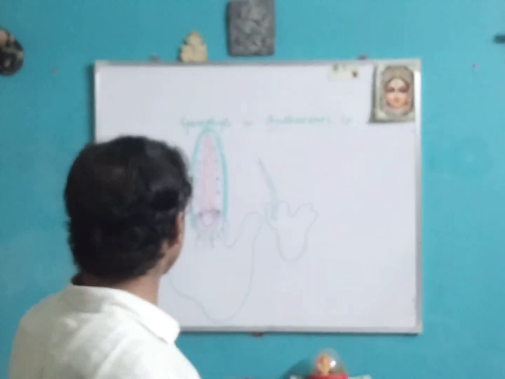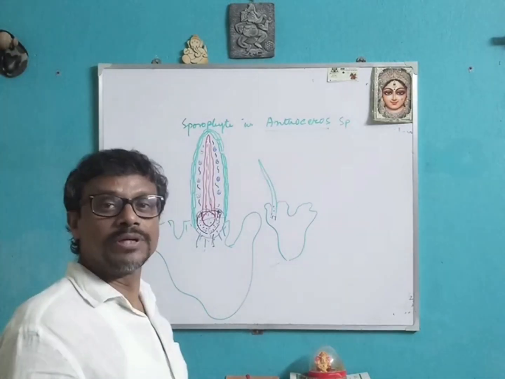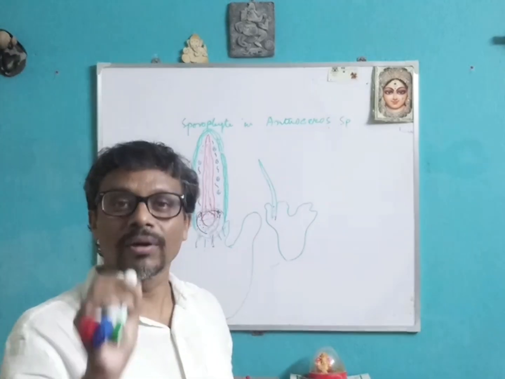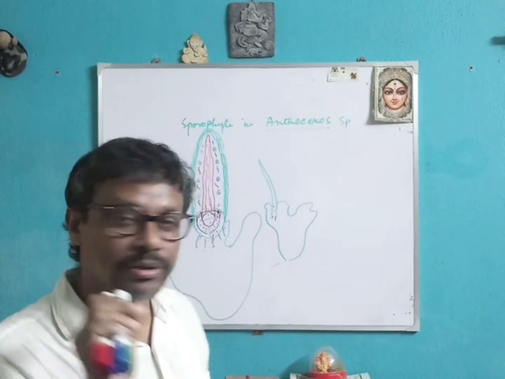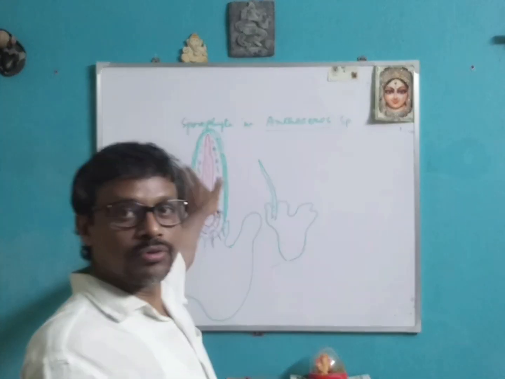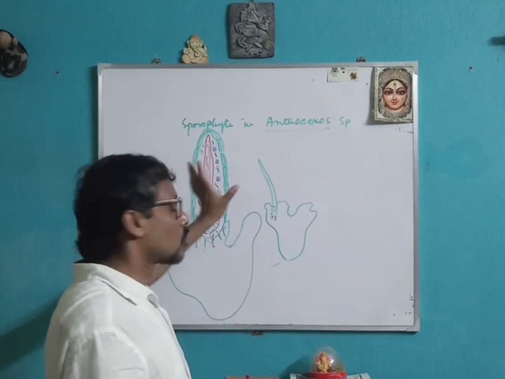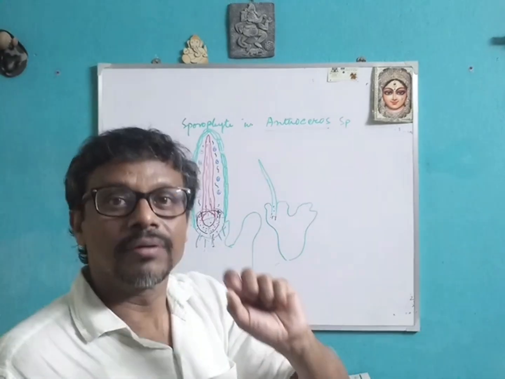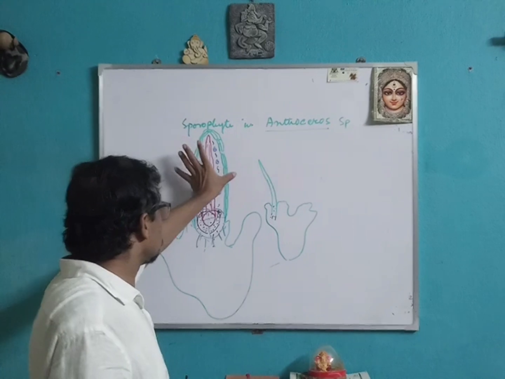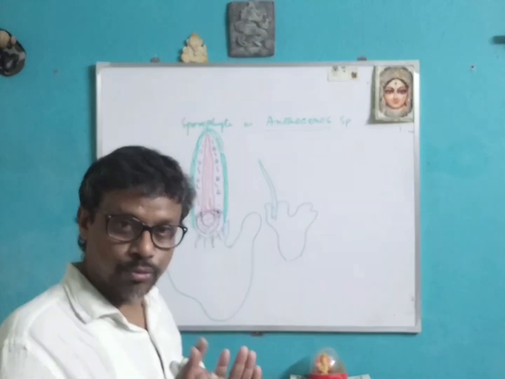Another feature, sir, is that one layer of the capsule is green and photosynthetic, so it contributes a lot. Although sporophytes are dependent on the gametophyte for their food and nutrition, over here they can produce their own food. They are photosynthetic, bearing chlorophyll, so they contribute a bit by synthesizing their own food. Although they synthesize their own food, they are dependent on the gametophyte for food and nutrition as well.